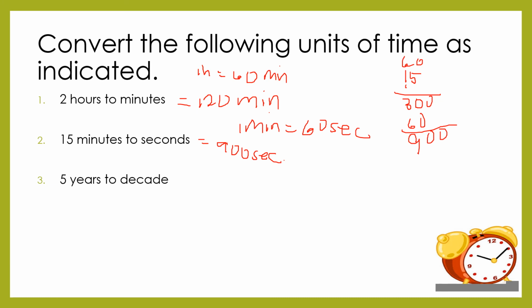Okay, 5 years to decades. So we know that 10 years is equal to 1 decade, no? So that means 5 years to decades is about what?